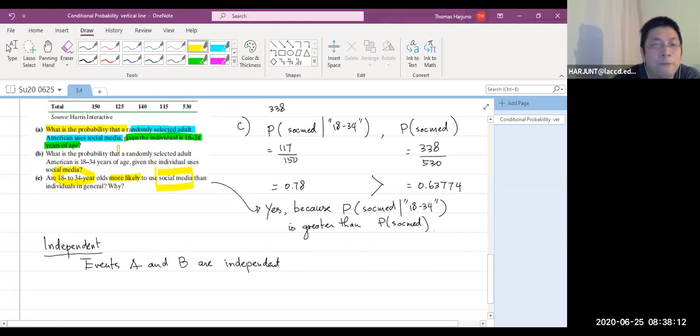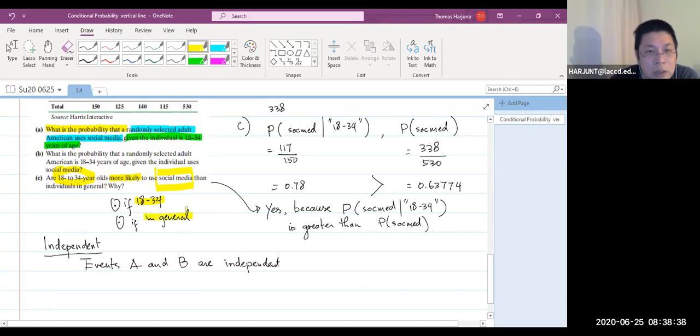Okay, if 18 to 34, compared to if they are in general. So the starting point, given that the person is 18 to 34, what is the probability that person uses social media?